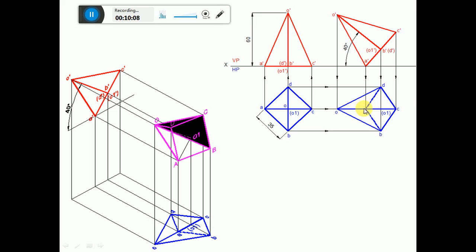One is OA and the other ones are AB and AD. Since OA is invisible, naturally AB and AD are going to become invisible. Since this portion of ABCD, that is AB and AD, is invisible, naturally O1 will become invisible. So you put it in brackets.